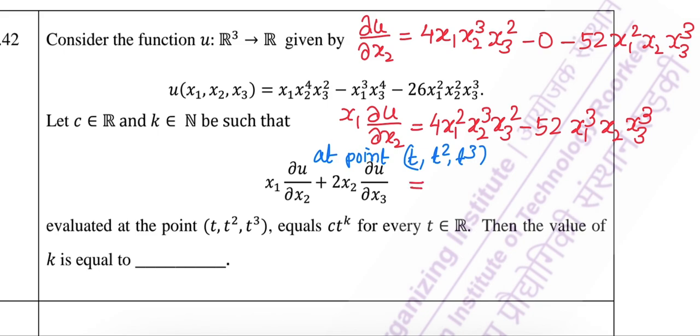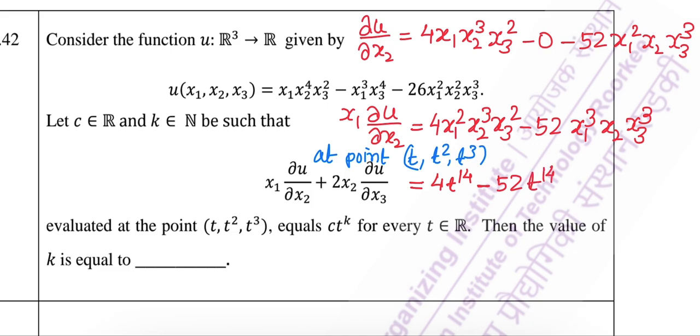The same thing will be 4 x1 square, it means t square. So this whole thing will be t to the power 14. Okay, 2 6 8 and 6 14. Now thereafter 52 t to the power 14.